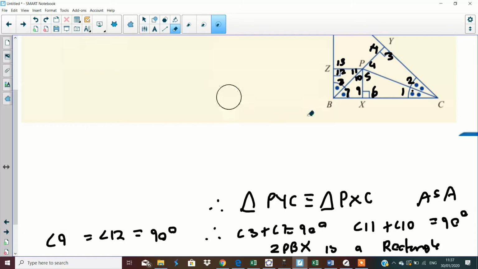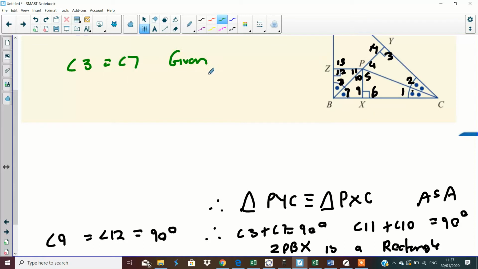Now, guys, let's do this really quickly. Okay, angle 3 equals angle 7. What's that? Given. Okay, and angle 7 equals angle 11. Reason being, alternate. And what Danny said is it is a square. Danny's correct.